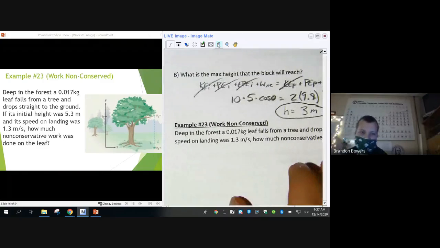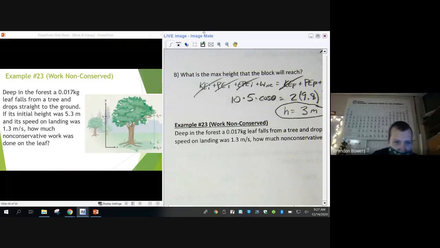Deep in the forest, a 0.017 kilogram leaf falls from a tree and drops straight to the ground. If its initial height was 5.3 meters and its speed on landing was 1.3 meters per second, how much non-conservative work was done on the leaf?